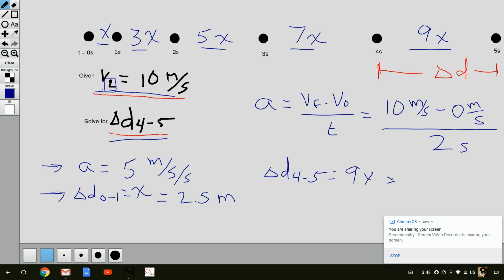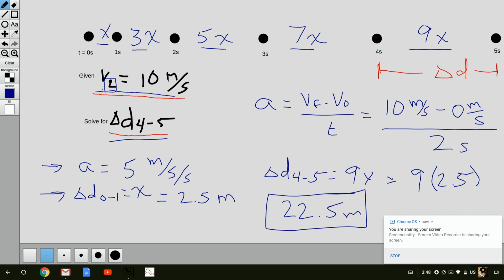We know that x is 2.5, so 9 times 2.5, and that gives us, I believe, 22.5 meters. Let me check with the calculator real quick. Yes, indeed, it is 22.5. And so now we've got the right answer there.